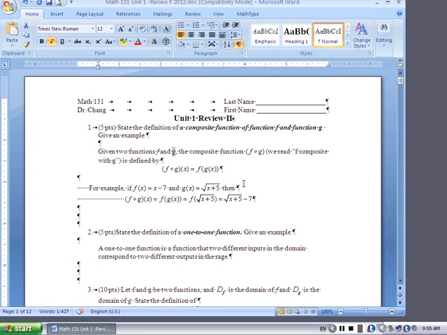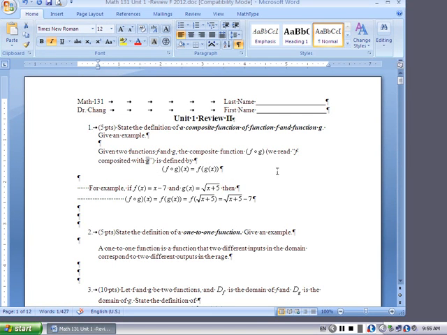Okay, let's read one more time. Given two functions, f and g, the composite function f composed with g, we read f composite with g, is defined by this.